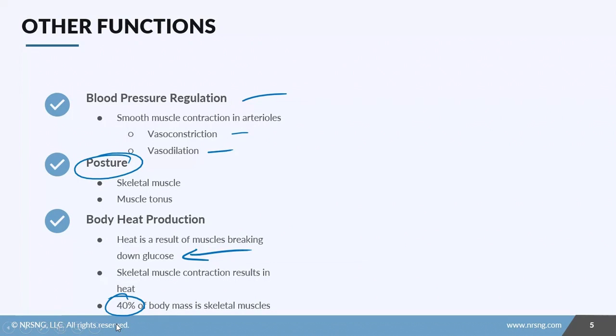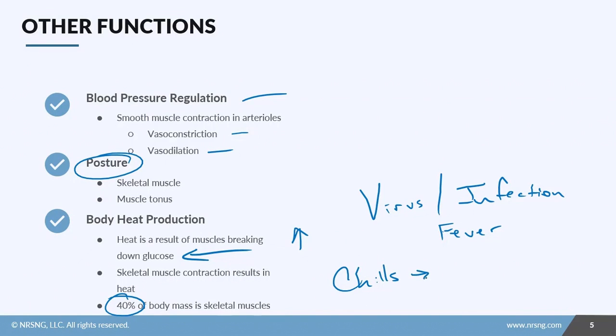What's really cool and interesting about the body is that whenever you get a virus or an infection and you get a fever, the brain is saying, hey, we're going to turn up the heat because we suspect that this virus or infection is susceptible to high temperatures. Well, we need to generate heat. So how do we do that? Get the chills, right? Chills are muscle contractions. And because you have muscle contractions, this generates heat, which increases your fever.